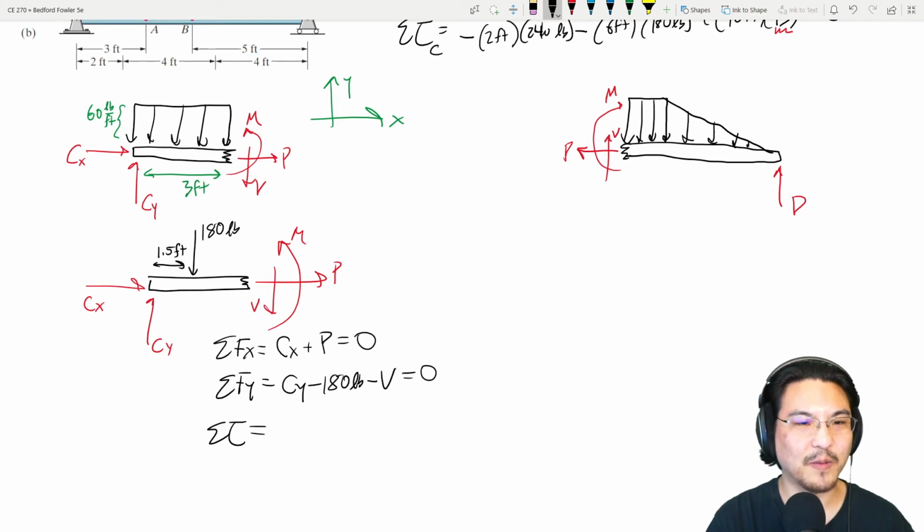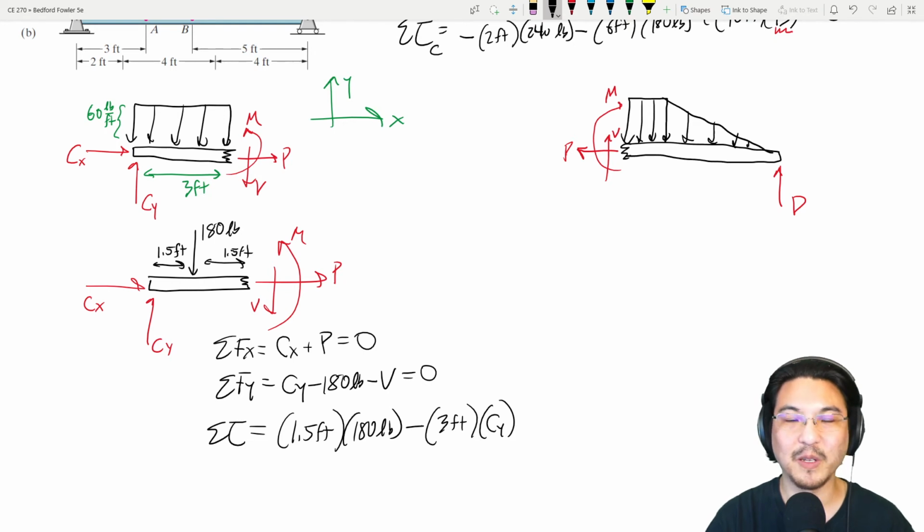Okay, so then there's torque from this. So that is, let's see, here to here is also 1.5 feet. So 1.5 feet, 180 pounds. And then there's torque from this in the negative direction, minus 3 feet CY, which we would know the answer, right?